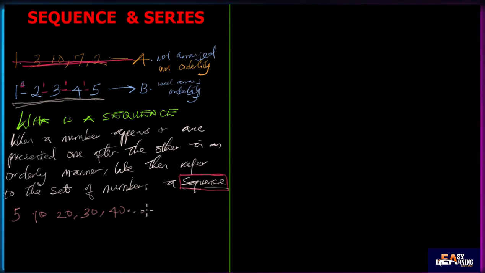Now observe something. If you look at this, they are arranged orderly. Let's take away this 5. If you look at these numbers, they are orderly, and if you look at the difference between them, there is a common difference between them, something that separates them the same.